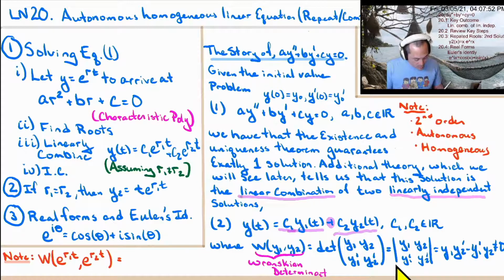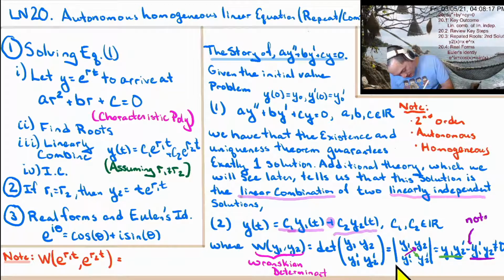And for those who haven't seen this before, the determinant is calculated by upper left times lower right, which I indicate in green. That is this set of terms right here. And then minus lower left times upper right. And that is this set of terms right here. What do you have to be on high alert for?